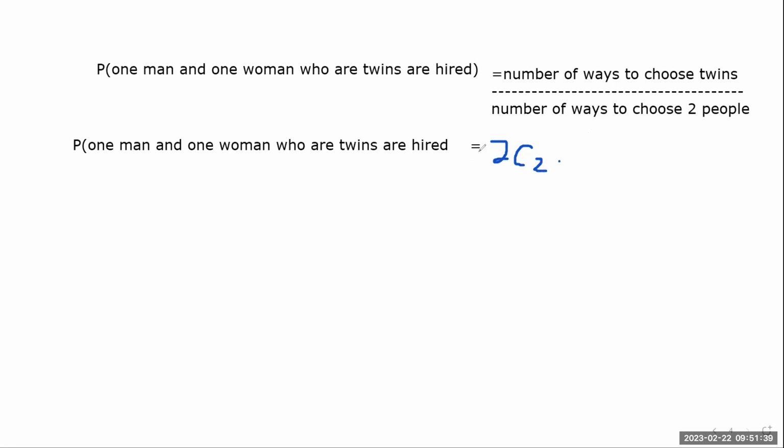And here you get, now if you choose the twins, you don't choose from the rest. So that's the deal there. If you wanted to write this out, this will be 2 choose 2, and this is going to be 13 choose 2 below that.